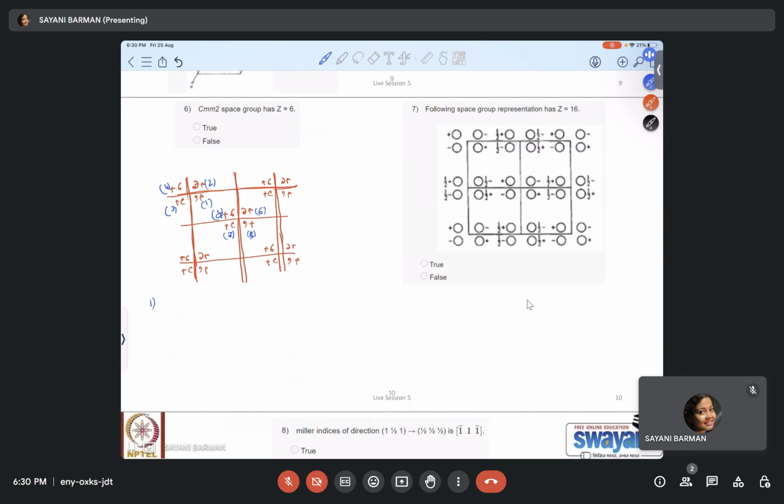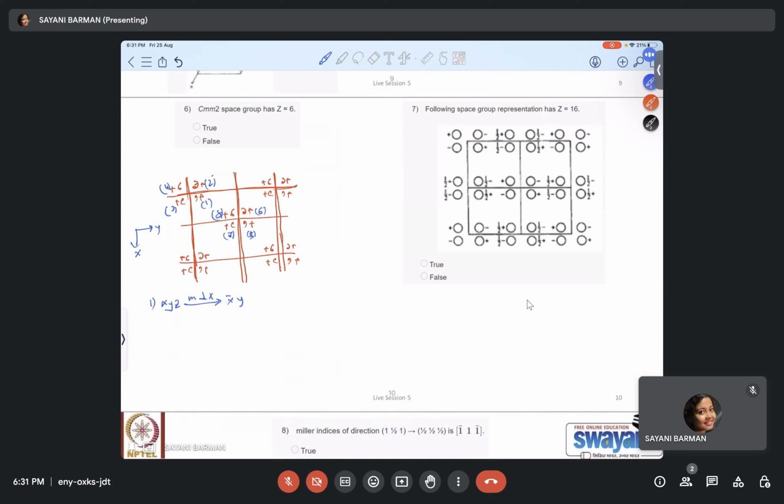So 1 is X, Y, Z. Now if it is M perpendicular to Y axis, so this is Y, this is X. Let's first take M perpendicular to X, right? Because we have indicated this is Y axis and X axis is perpendicular to Y. So M along Y axis means M is perpendicular to X axis.